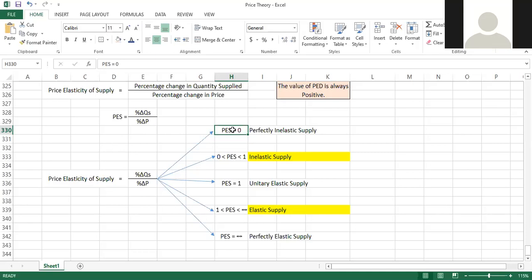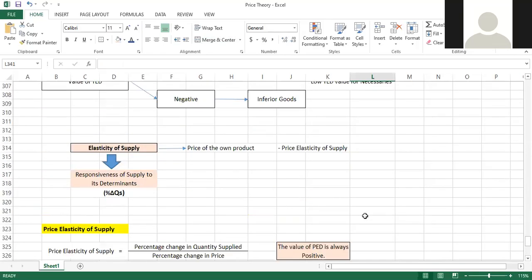If the price elasticity of supply is zero, we call it perfectly inelastic supply. If it is more than zero but less than one, inelastic supply, and it may be equal to one, more than one, or infinity, right?